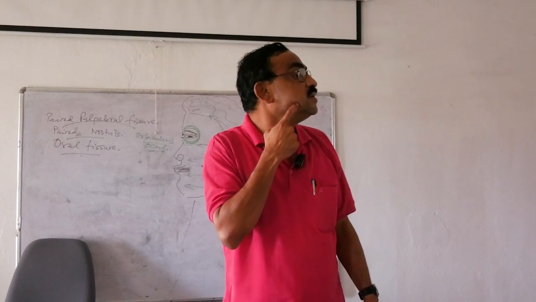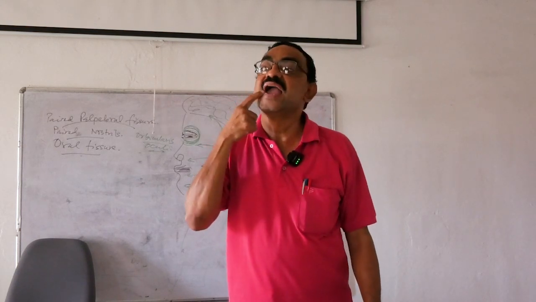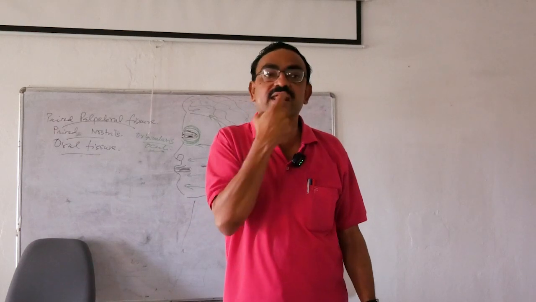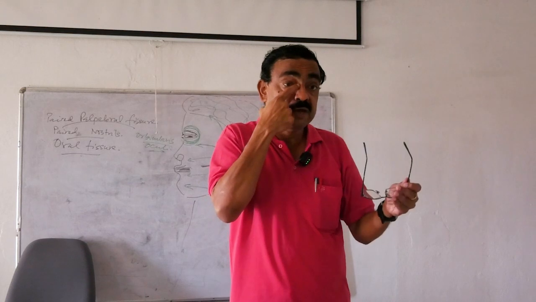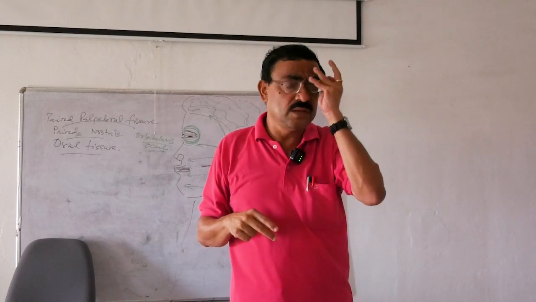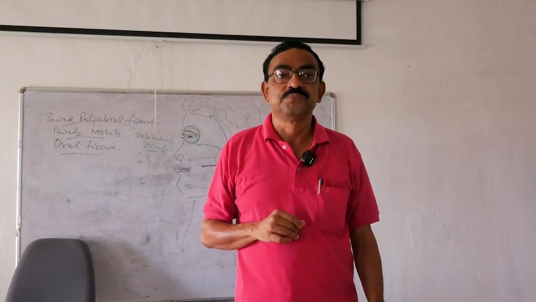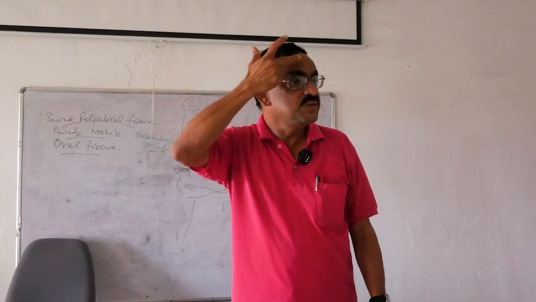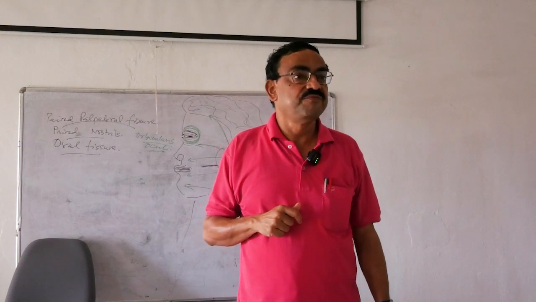Then it will go towards the angle of the lip. It will give two branches, superior and inferior labial branches, and ultimately it will go above and divide into the angular artery. And one vein which is away from the facial artery is the facial vein.